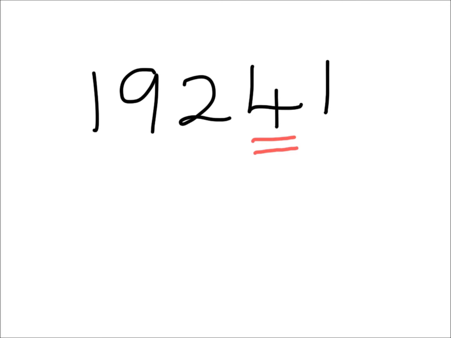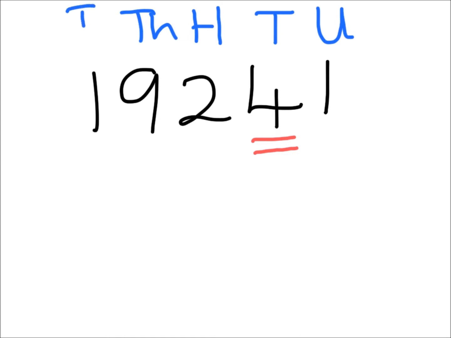The answer is no. That helps me to identify that the final digit, in this case the 1, is my units digit. To the left of the units, we've got the tens. To the left of the tens, we've got the hundreds. To the left of the hundreds, the thousands, and to the left of the thousands, the tens of thousands.